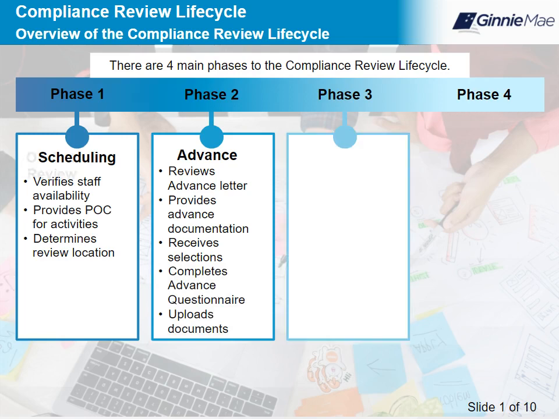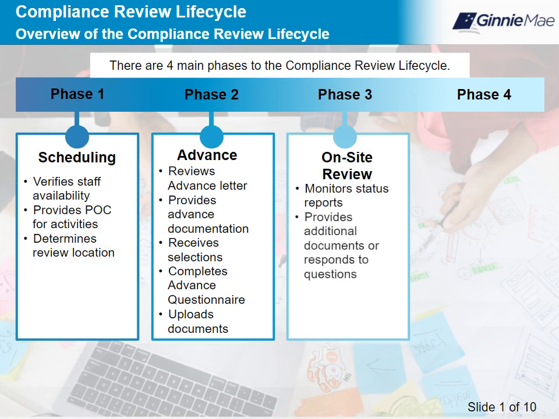The third phase is on-site review, during which the entrance conference occurs. The issuer monitors status reports and provides additional documentation or responds to questions. Such documentation includes status reports, findings worksheets, and the draft report. The fourth and last phase is follow-up, during which the exit conference occurs.